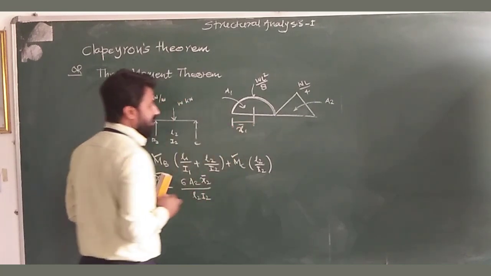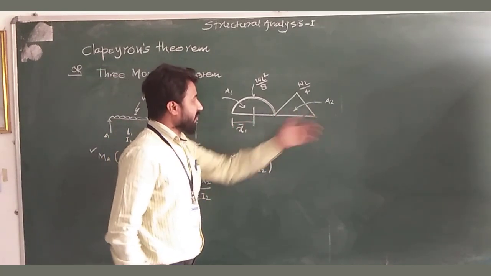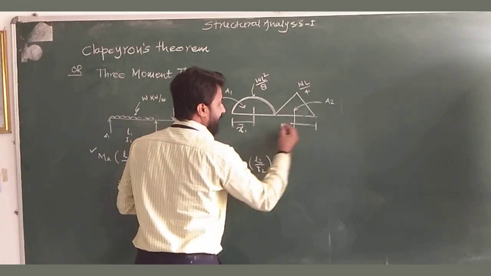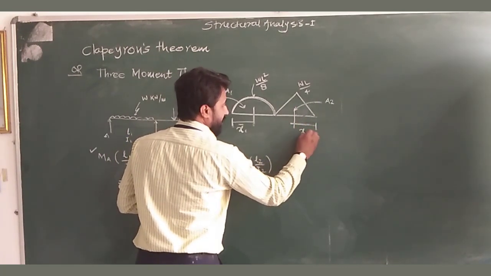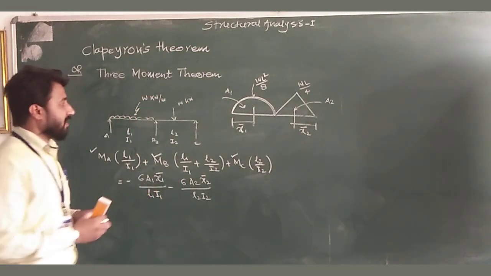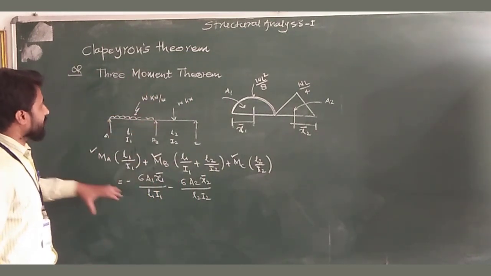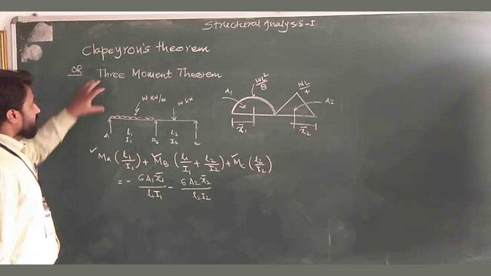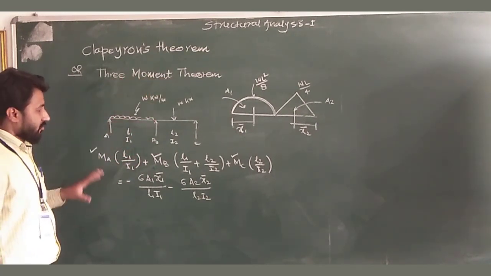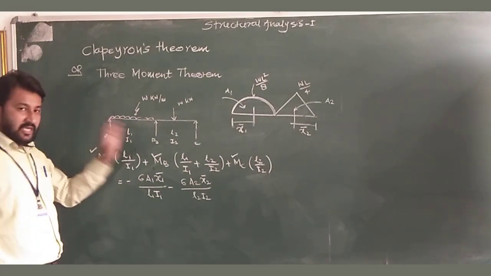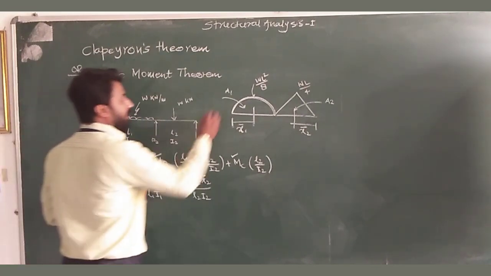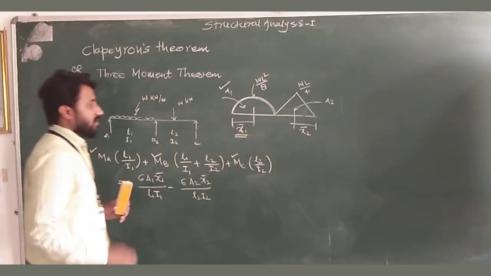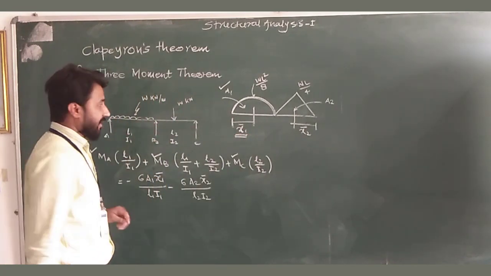For the second span we have to consider the CG from the right support, so this will be X2 bar. So for calculating the unknowns of this continuous beam through three-moment theorem, we must know this equation, and we must know the area and the CG of the particular bending moment diagram.